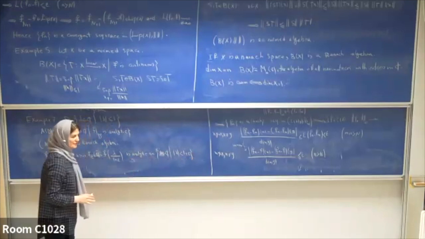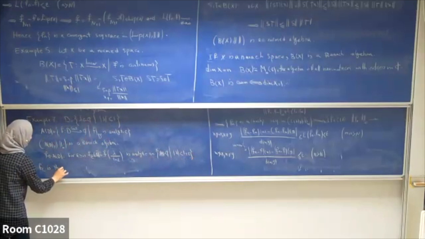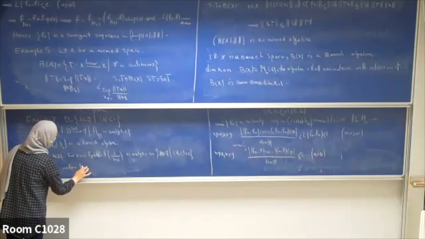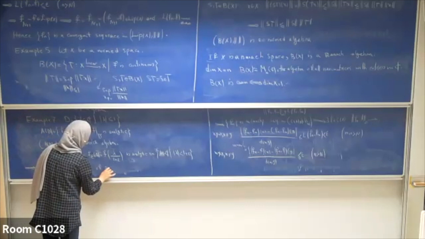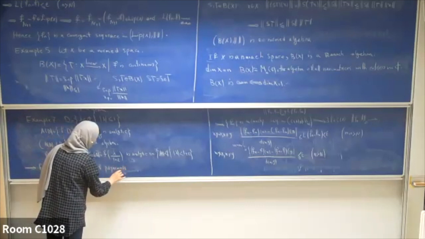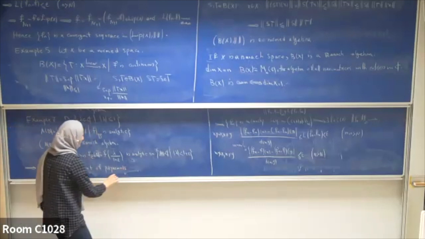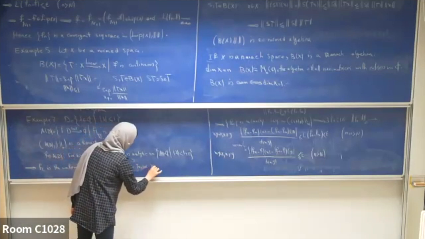And so, because of Taylor series, f epsilon is the uniform limit of polynomials, of course by Taylor series.